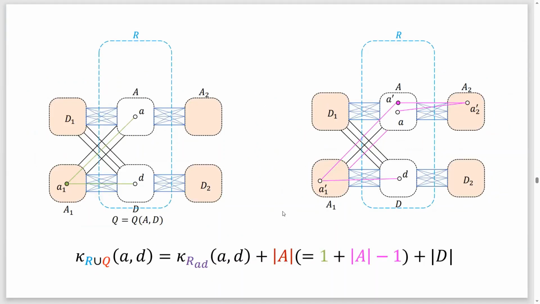So from both flow and cut view, we have proved that this equality is true, and we can really capture the connectivity in RAD, which is the graph we can apply the set intersection filter by the connectivity of the whole graph R cup Q.